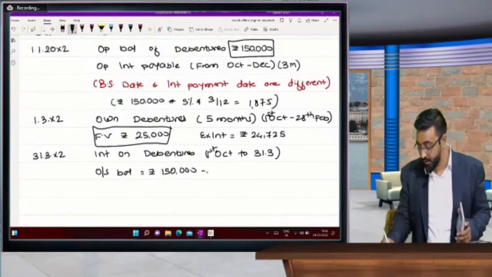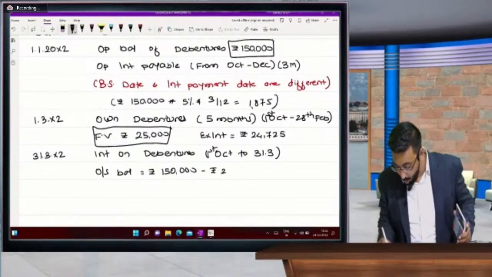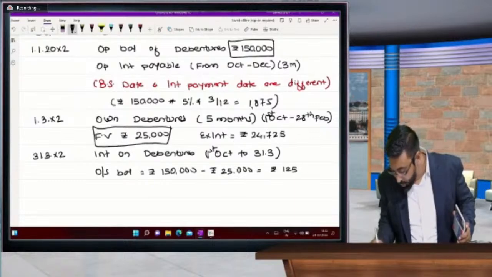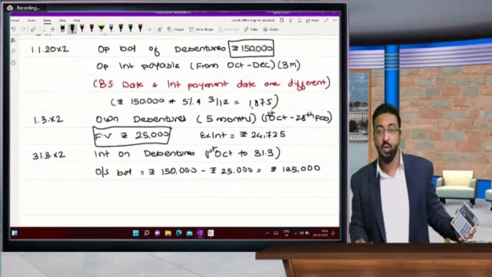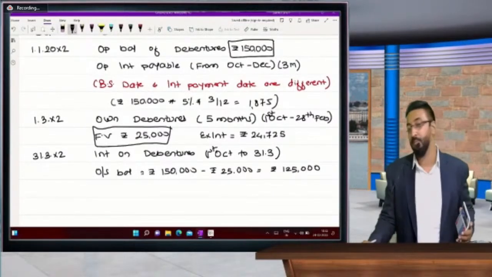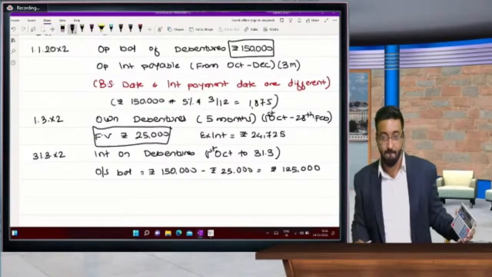You purchased your debentures from the open market for 25,000, so you are left with 1,25,000. This is the next date, 31st of March.